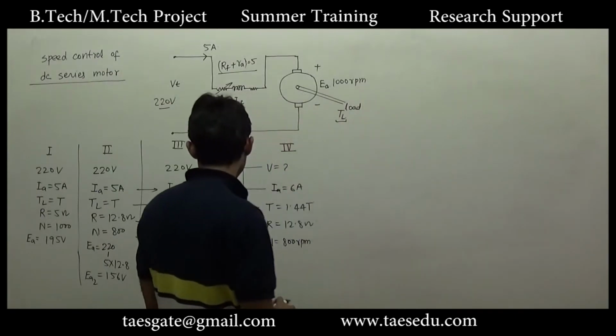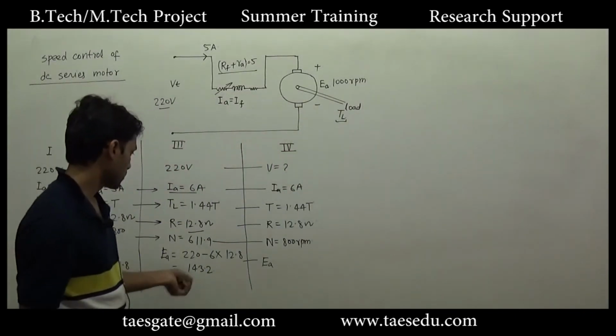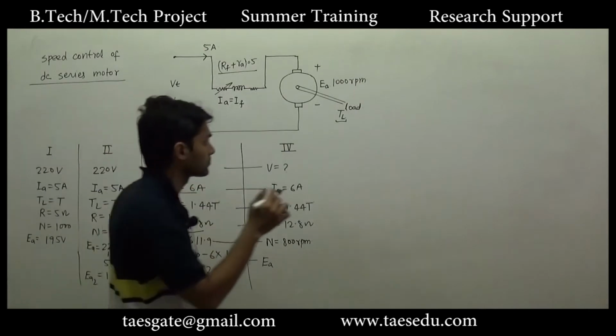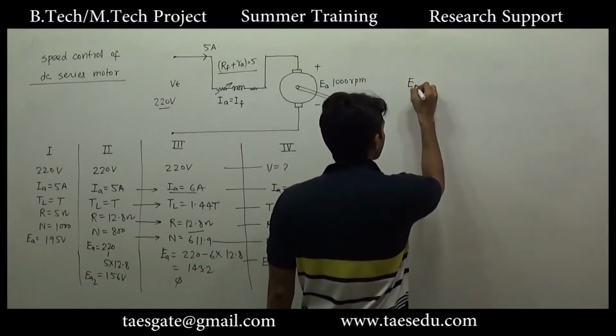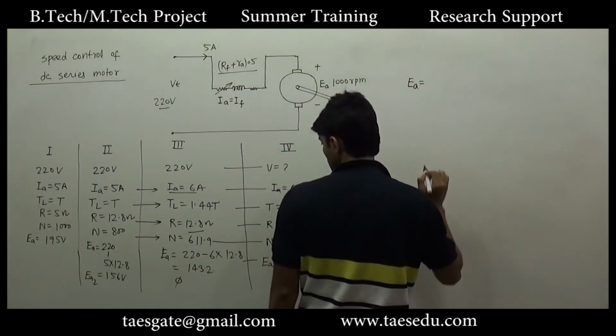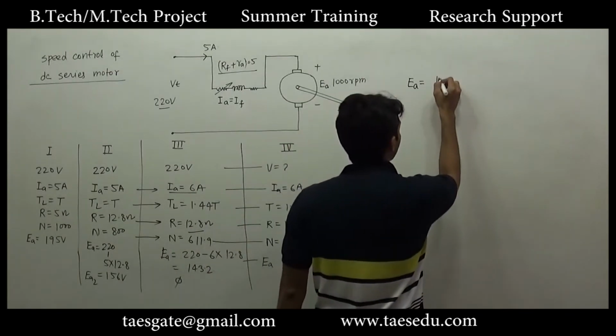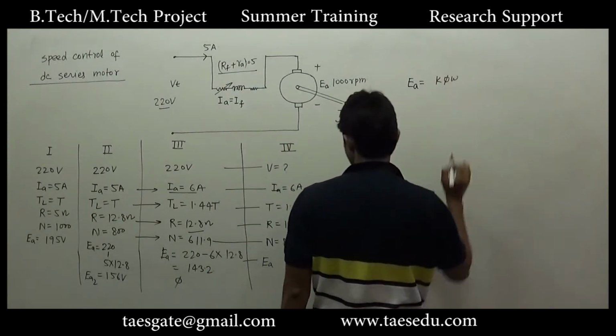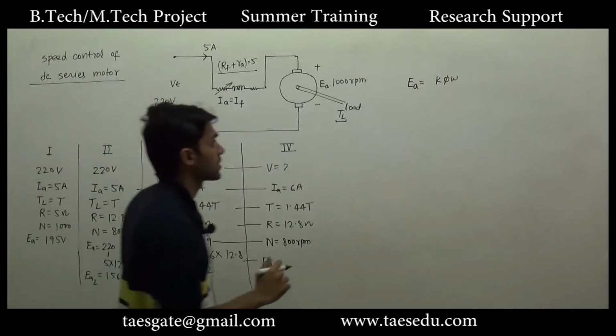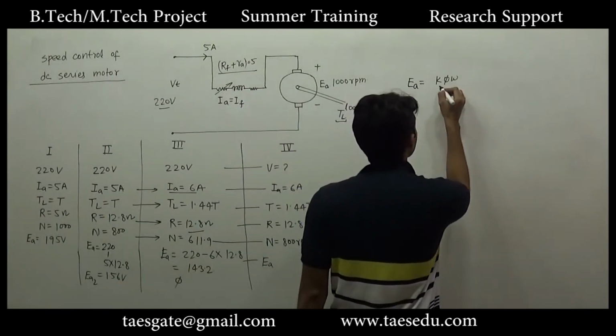Now if we compare armature voltage from first case to second case, we will write the equation for armature voltage. EA is equal to K phi into omega.